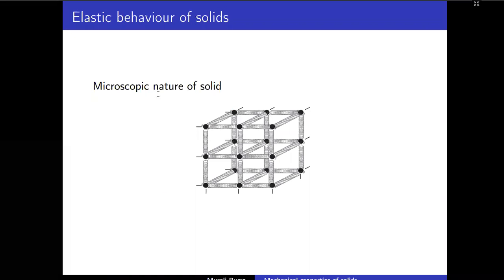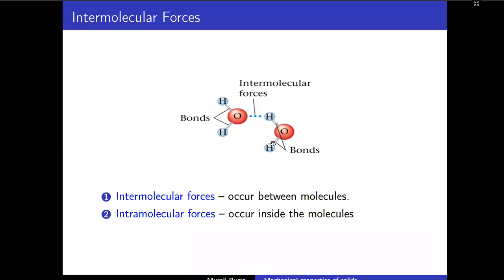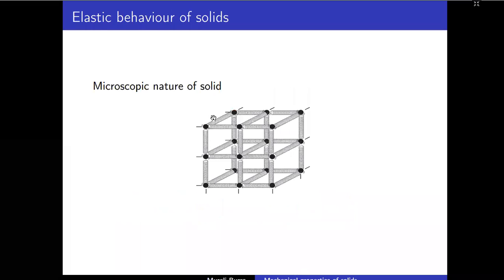Next, the microscopic nature of a solid. If we take any solid substance, previously in the diagram we have seen all solid atoms are packed closely. Between atom to atom these bondings are there, no? The same bondings I have taken in terms of a spring-like arrangement. That means when any atom is pressed, it will move, but again it comes back to its original form because microscopically some forces act between them.